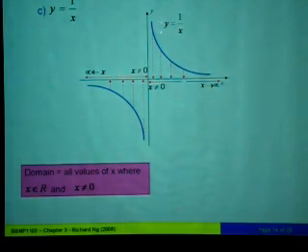So therefore, we can say the domain of this curve are all the values of x. There is no ending, except that it must not be equal to 0. It can be negative infinity, it can be positive, but it must not be equal to 0.